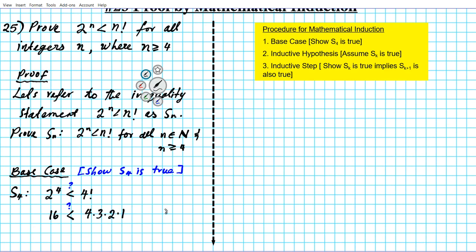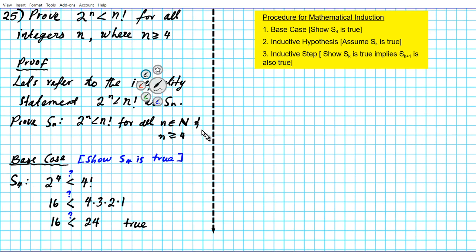Is 16 less than this number? 4 times 3 is 12, 12 times 2 is 24. Is 16 less than 24? Yes, it's true.